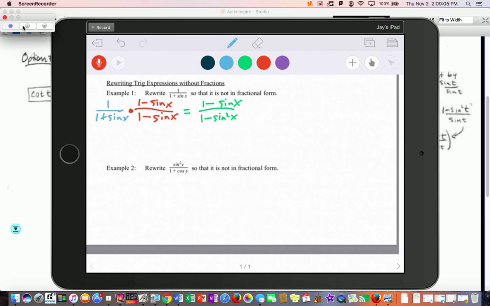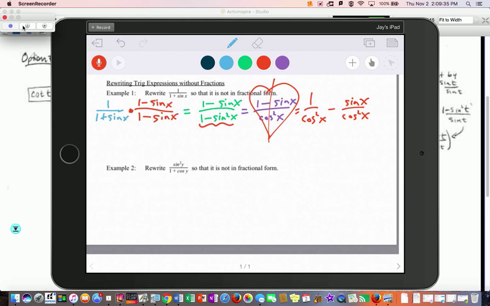So now this right here can be written as 1 minus sine of x all over cosine squared of x. And I call it a heart, break it apart. So 1 over cosine squared of x minus sine of x over cosine squared of x.